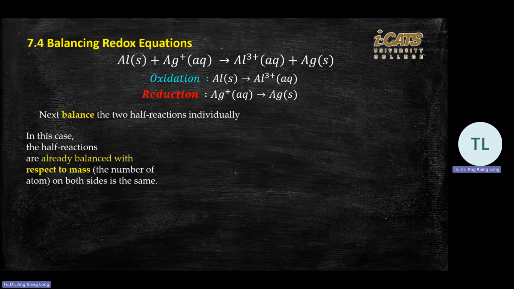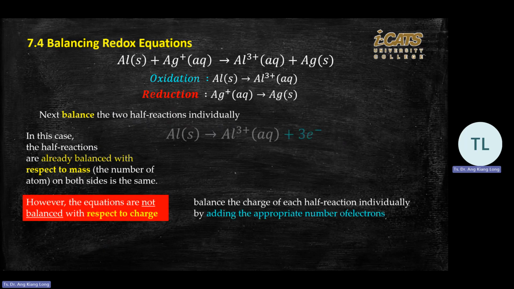Once you have this, then you start balancing. How do you balance? Balancing means you are doing bookkeeping for the electrons. It means you need to tell me the movement of electrons by calculation. So how do you write? You write the first equation, the oxidation equation. Because it's oxidation, it means you are giving away electrons.